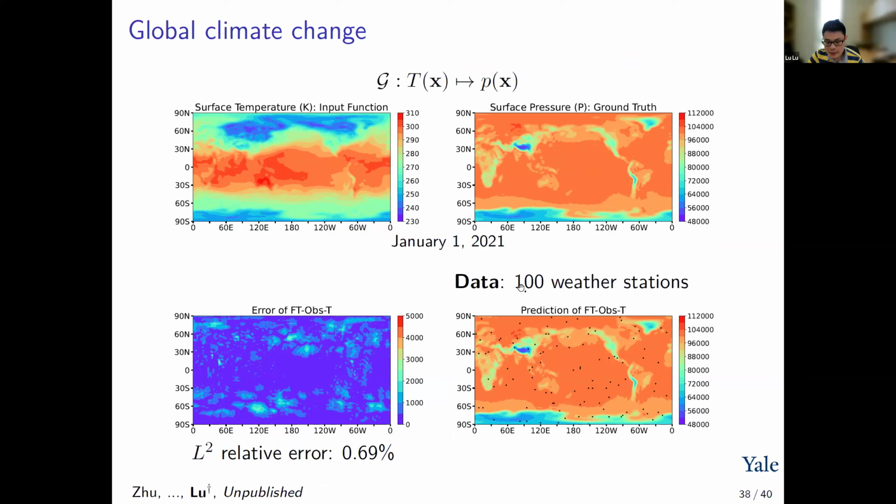So here we assume we have 100 weather stations, and the black dots here are on this global Earth surface. Definitely, compared to the entire surface, it is sparse. But by using this sparse data set, we do fine tuning, then we can improve the error of the prediction. So this is the improved error, which is 0.7%.